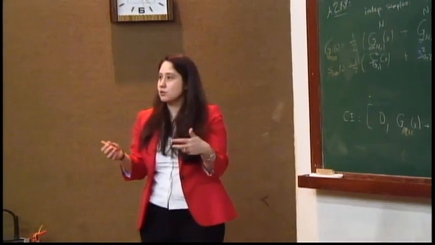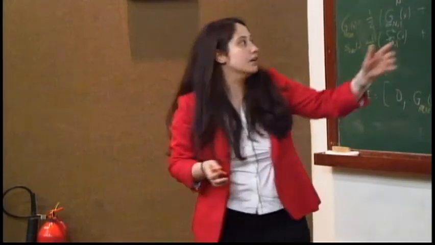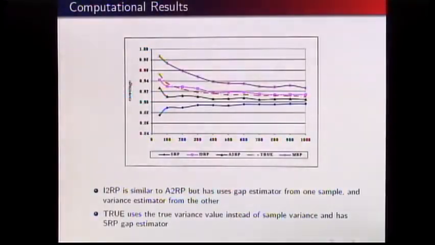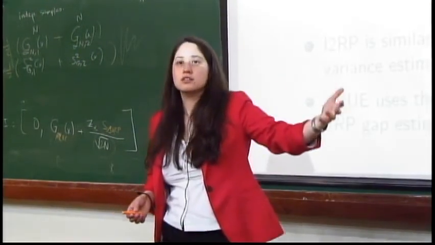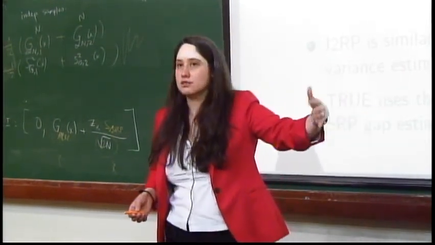Versus when you use it sequentially, you might want to do this. You generate a sample of size, say, 100, but then you want to use the same 100, especially if you can warm start your solution of the sample average approximation to estimate your gaps. Then you can add another 50 to it, go to 150. You can maybe add another 50, go to 200, and so on and so forth.